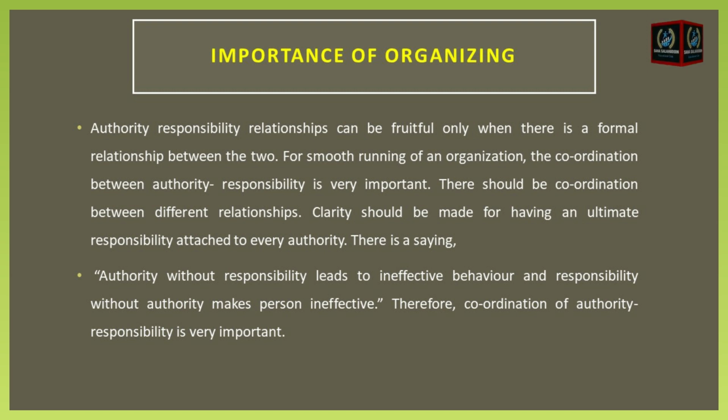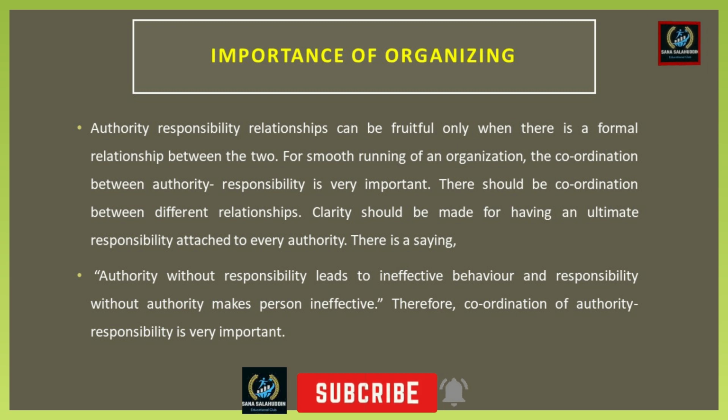Clarity should be made for having an ultimate responsibility attached to every authority. There is a saying: authority without responsibility leads to ineffective behavior, and responsibility without authority makes a person ineffective. Therefore, coordination of authority and responsibility is very important.